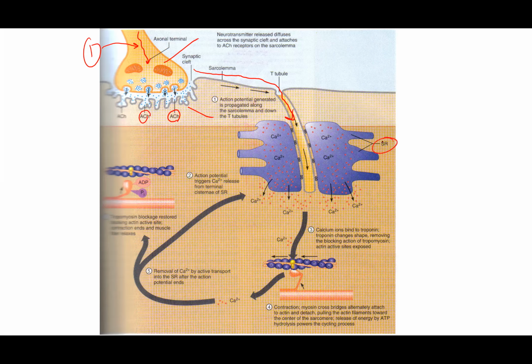There's your sarcoplasmic reticulum, this purple looking thing that you see. It stores calcium, and the calcium is now released. Okay, so you have calcium because acetylcholine started all this, generating electricity that's going down, and then calcium is released.